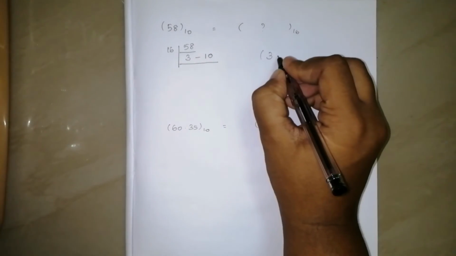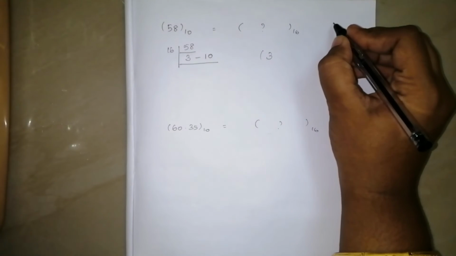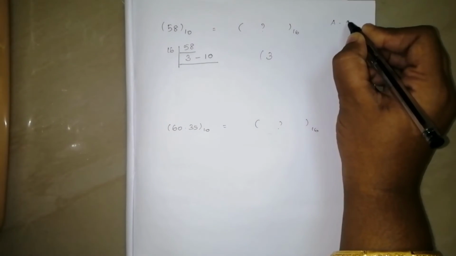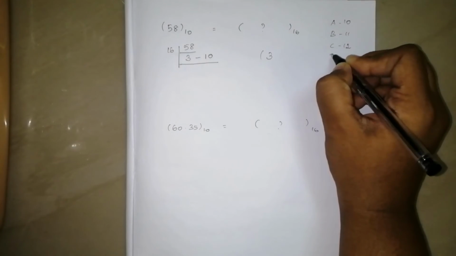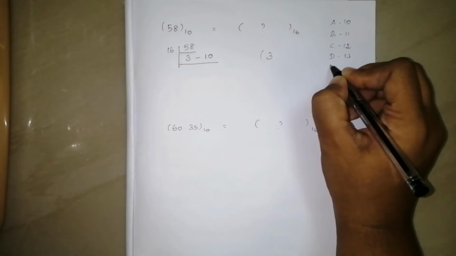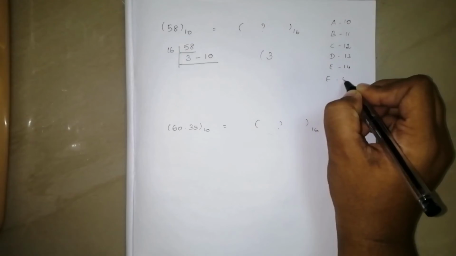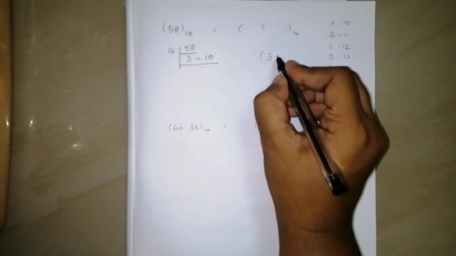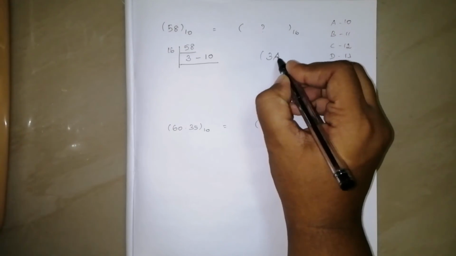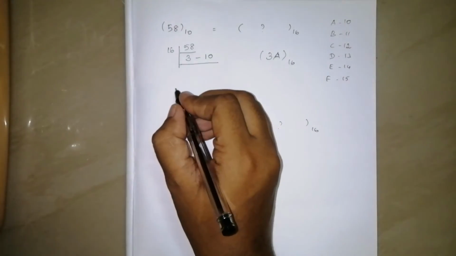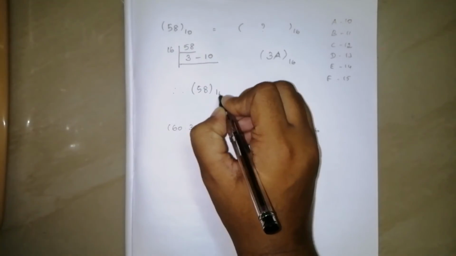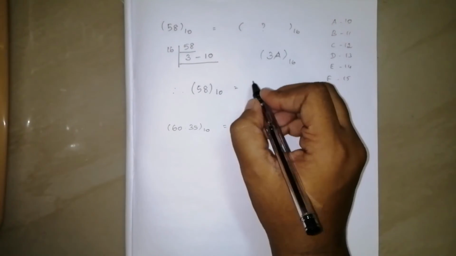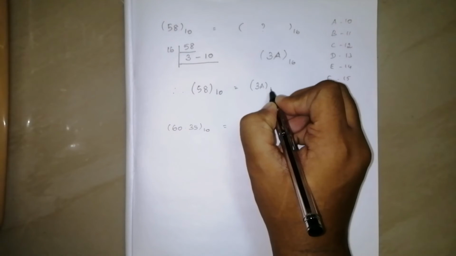But in hexadecimal we know A is 10, B is 11, C is 12, D is 13, E is 14, F is 15. So instead of 10 we have to write it as 3A. So the equivalent is 3A of 16. Therefore the hexadecimal equivalent of decimal number 58 is 3A of 16.